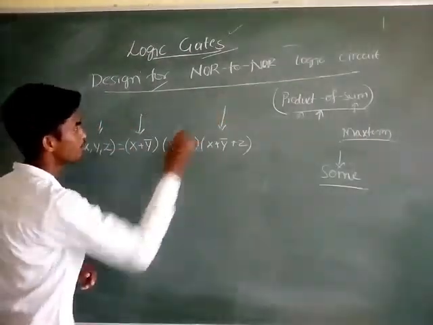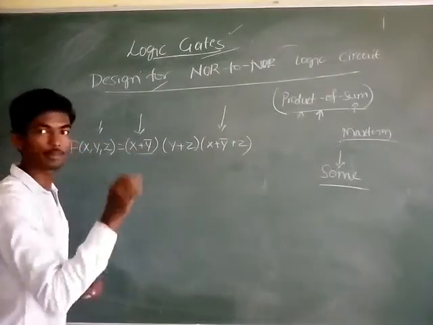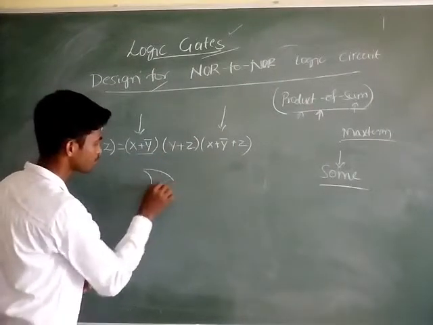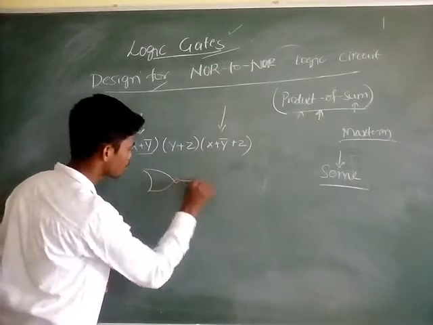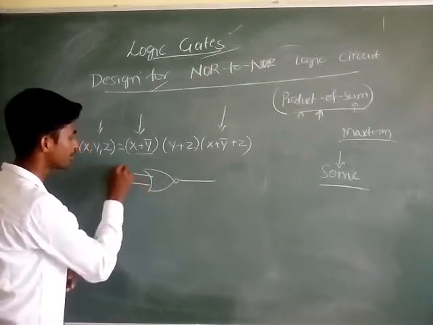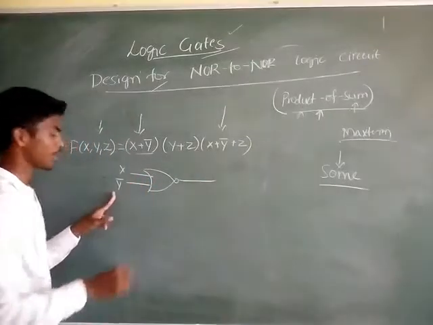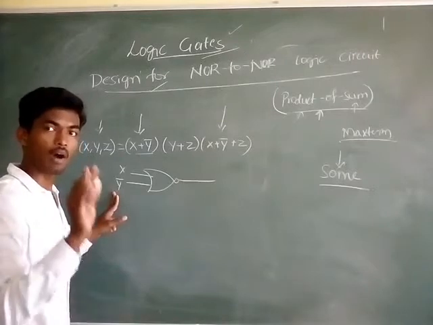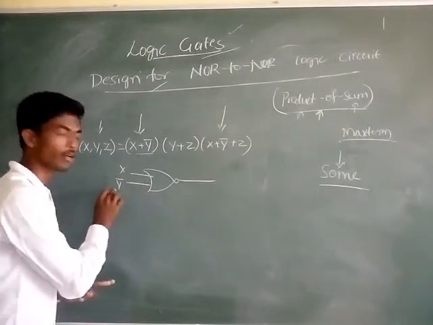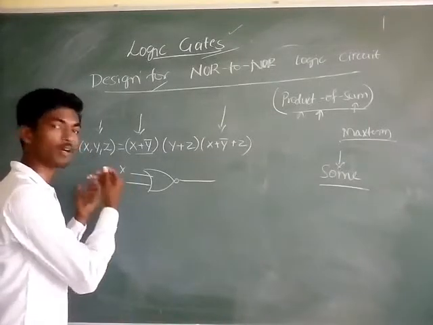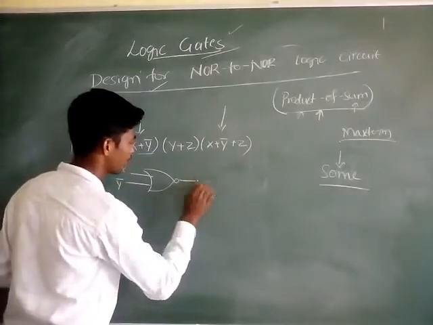Let us see a NOR gate with two inputs, x and y complement. You can provide y complement directly here, or you can insert a NOR gate for y complement also. That is left to you.